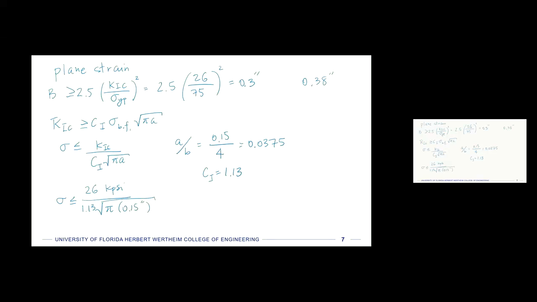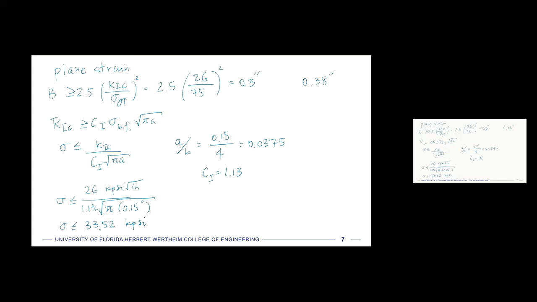Sorry about the units there. So for this, we come out with the stress has to be less than or equal to 33.52 kpsi. The square root inches cancel out because they're on top and bottom.